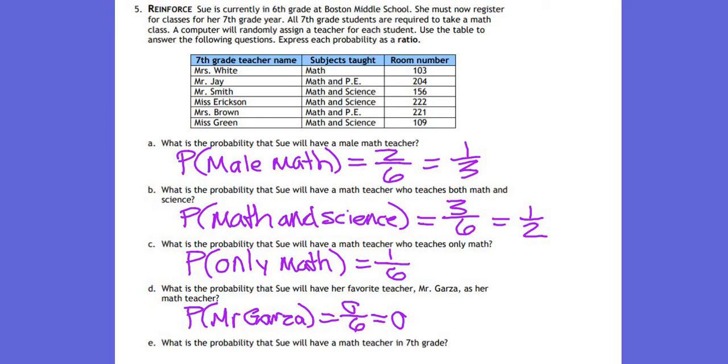What is the probability that Sue will have a math teacher in 7th grade? Well, it did say up there they're required to take math. And 6 out of the 6 teachers, so that is 1, which is certain she will be taking math. How certain are you?